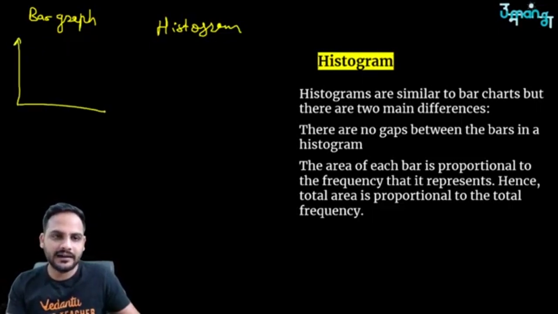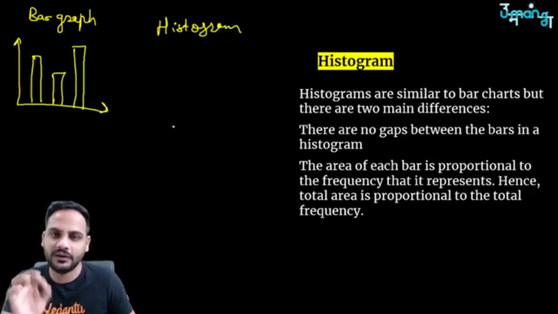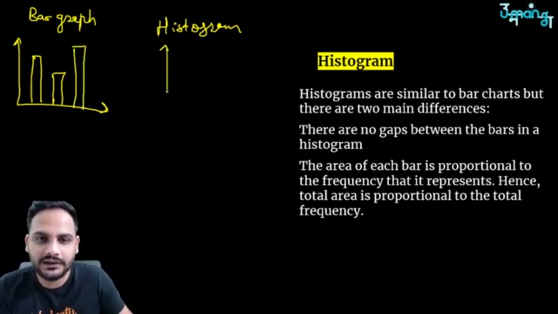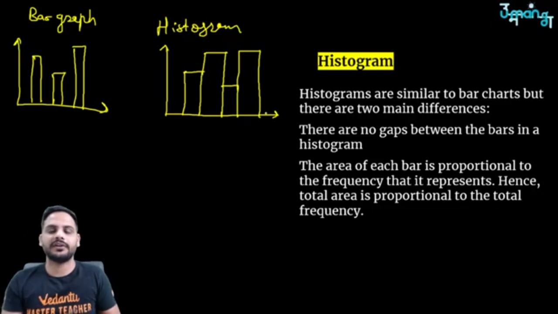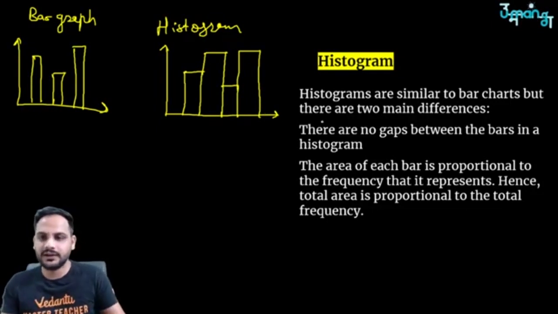In bar graph there is a gap between the bars like this. This gap is necessary, always it has to be there. In case of histogram, there won't be any gap between these bars. The bars will look something like this. Got it? So there are no gaps between the bars in a histogram.